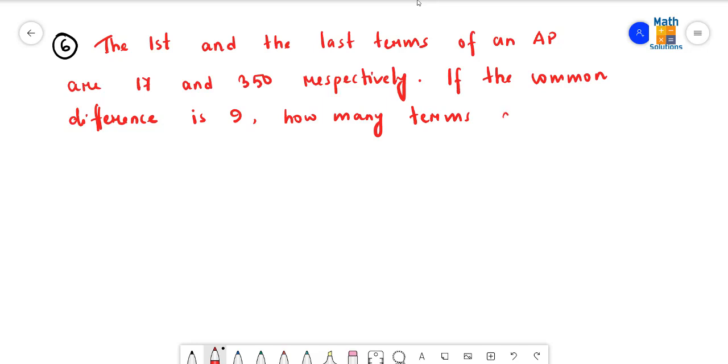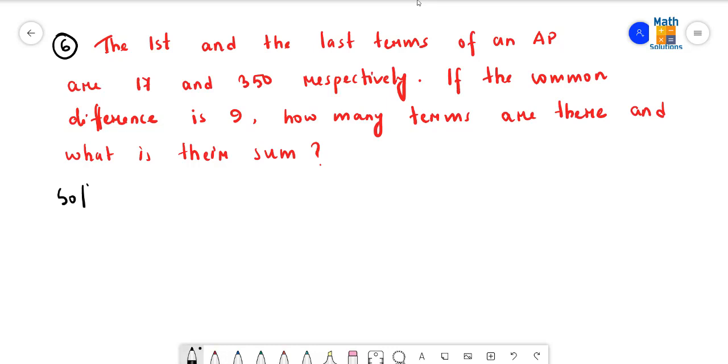And what is their sum? Question mark. So let's come to the solution part and write down what are the things given.